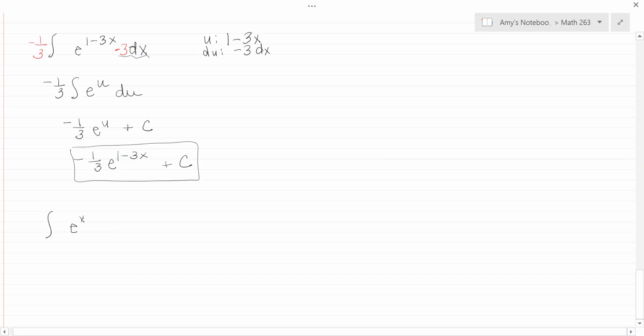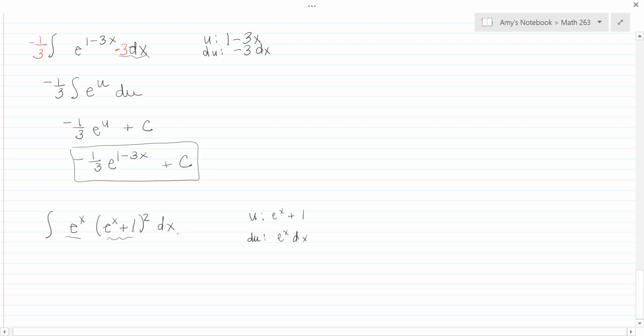The next example is e to the x times e to the x plus 1 squared dx. So my u, I'm going to use what's inside this parenthesis here, e to the x plus 1. Okay, what is the derivative of that? E to the x dx.